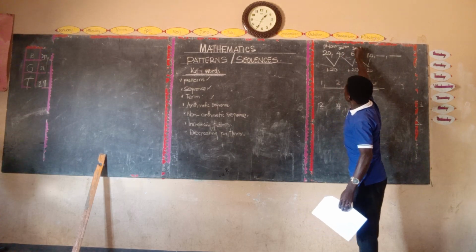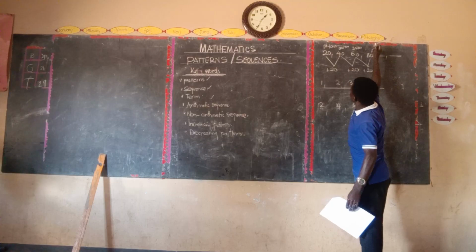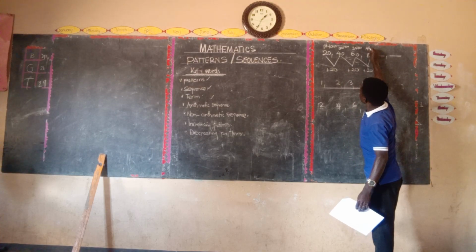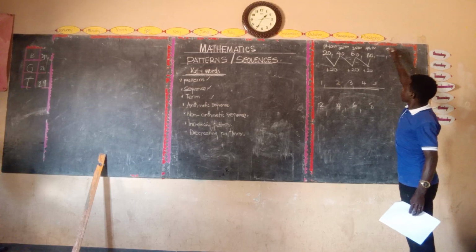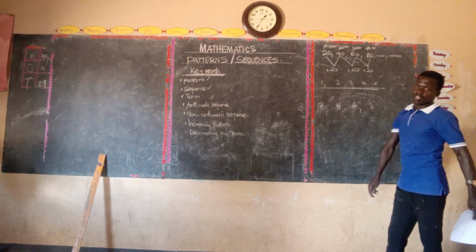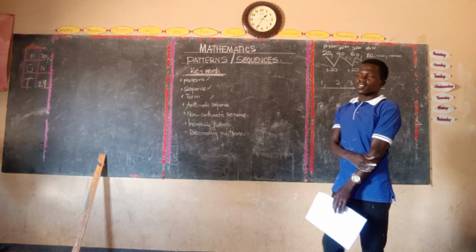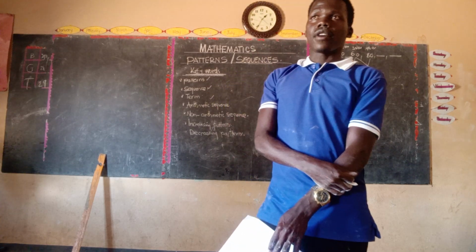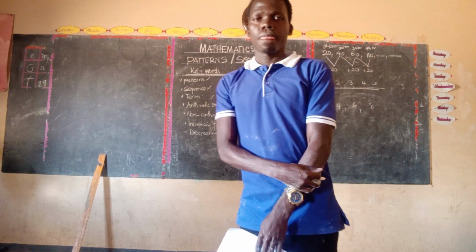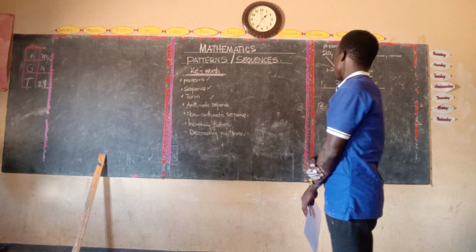This one is our third term. Then this one is our fourth term. Now we are missing the fifth term and we are also missing the sixth term. And the missing terms are what we are supposed to get. Or normally, when they say find the next number in the sequence.